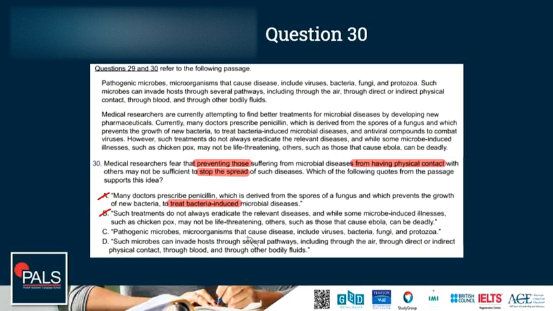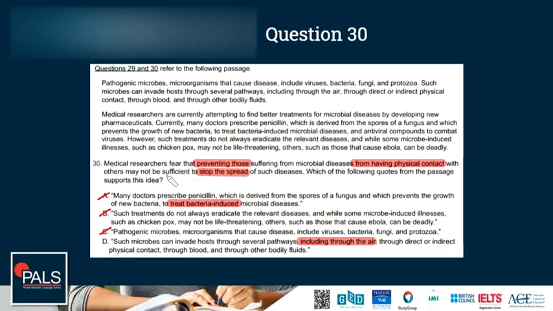Pathogenic microbes, microorganisms that cause disease, include viruses, bacteria, fungi, and protozoa. Again, this answer has nothing to do with the spread of disease. Let's check if D makes sense. Such microbes can invade hosts through several pathways, including through the air, through direct or indirect physical contact, through blood, and through other bodily fluids.